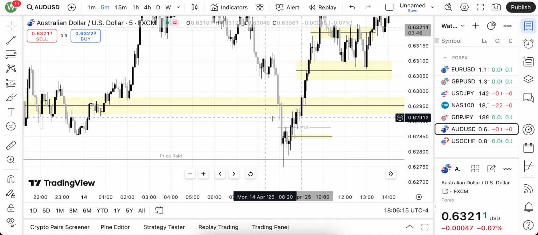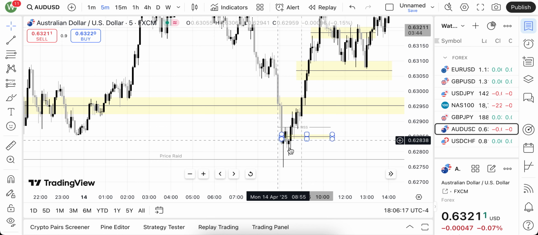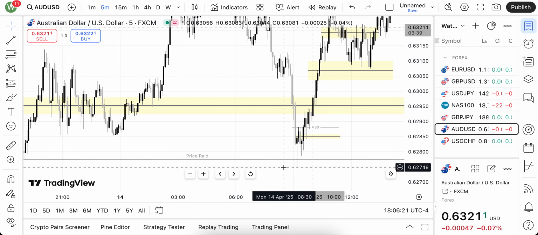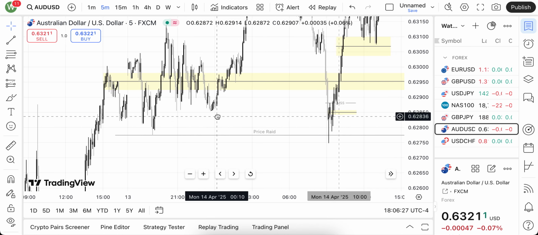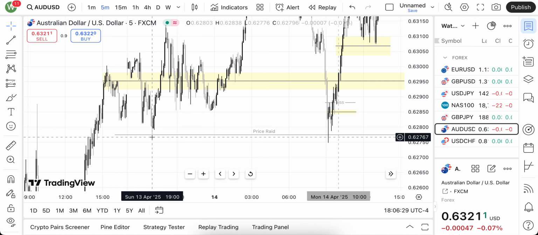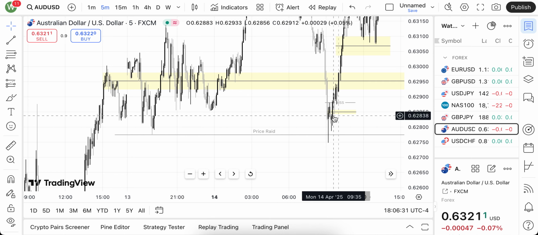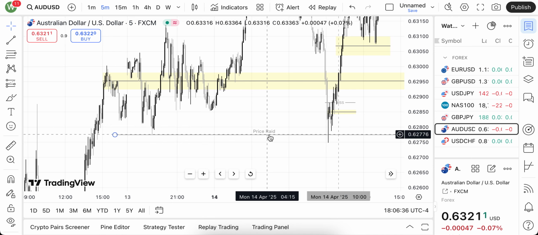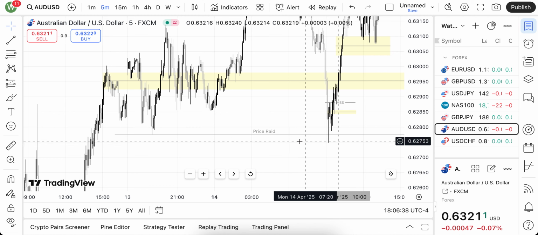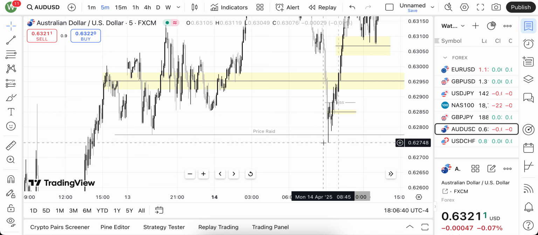Now, as price came down all the way here, I noticed that price dipped into this area, and what you will notice is that there is some sell side liquidity resting below this point. So when we saw price dig into this, it confirmed to us that it was taking out that sell side liquidity.